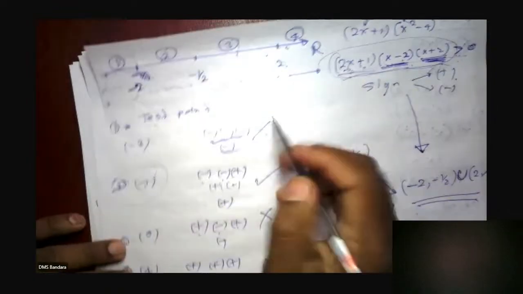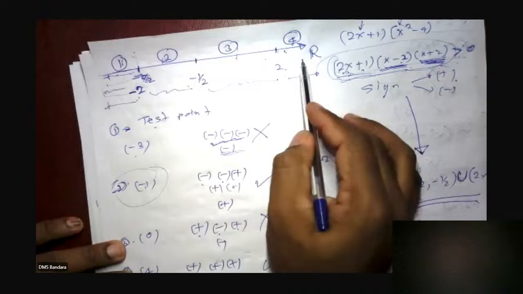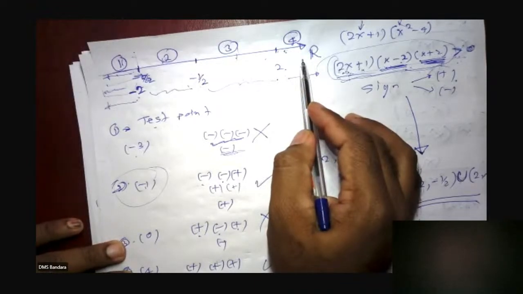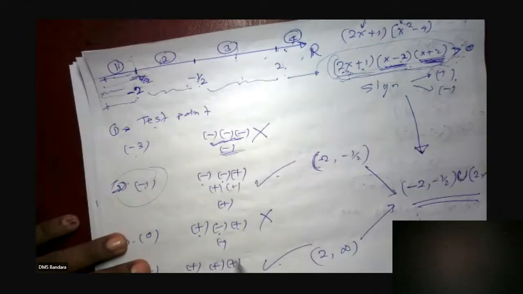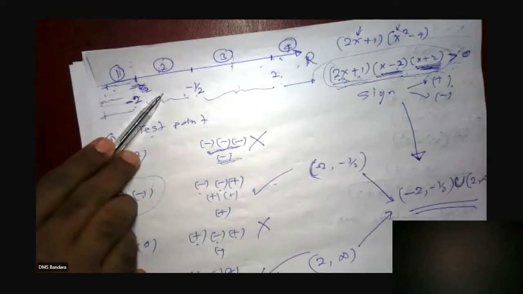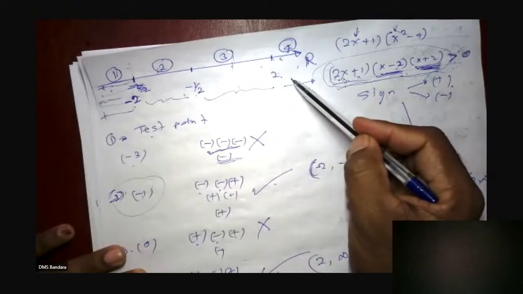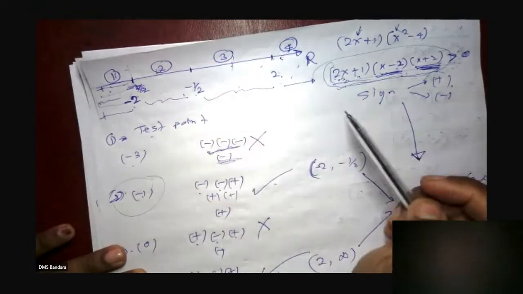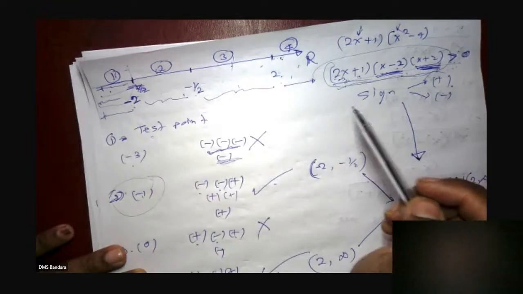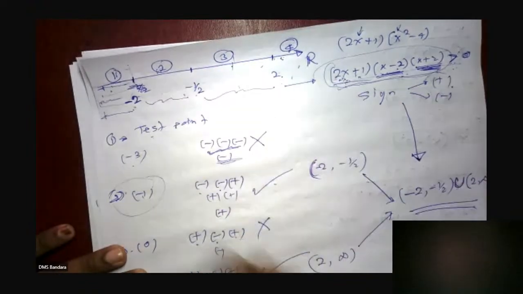I think you caught this method because the signs change sequentially, minus, plus, minus, plus. The region 1 is negative, region 2 is positive, again region 3 is negative, region 4 is positive, right? This changes equally, but sometimes we cannot see this pattern.